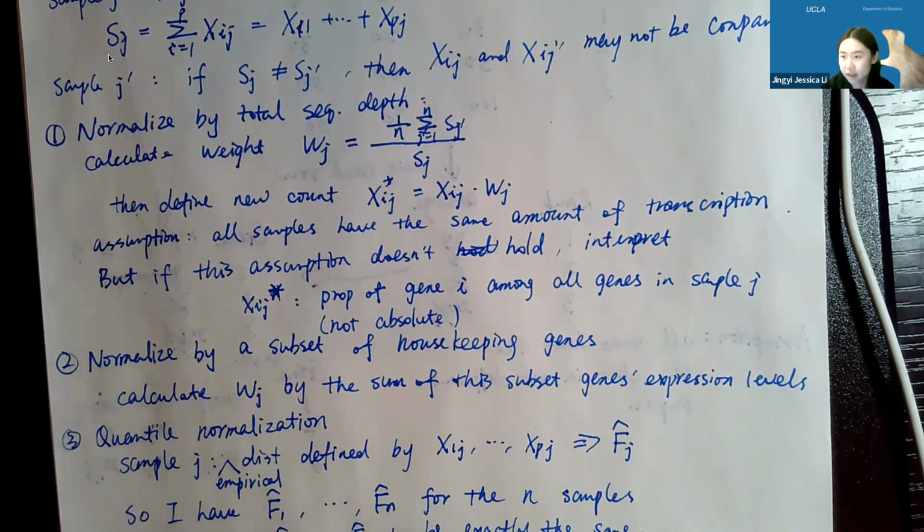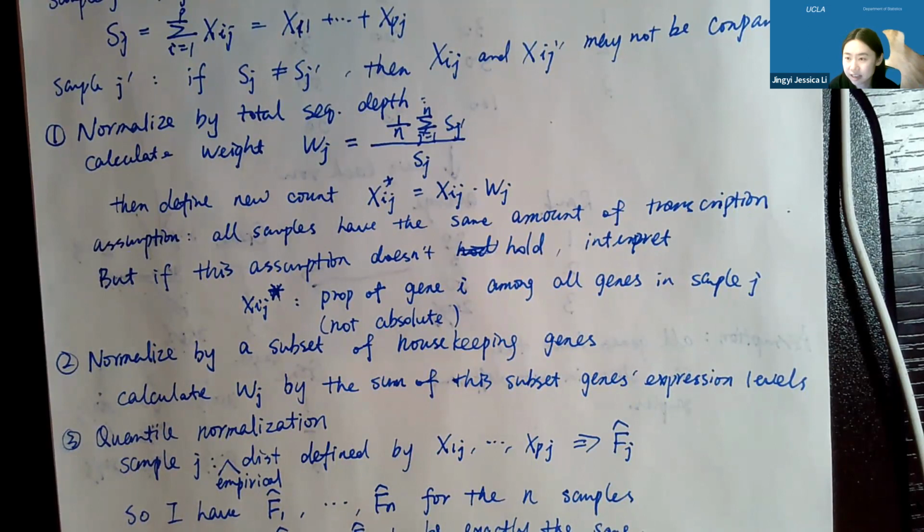So you will get one histogram per sample, and you want to make sure that the histogram looks the same for all samples. That's the result we get from quantile normalization. So what is the assumption here? The assumption is that we try to make sure that every sample has the same distribution across all genes. Does that make sense to you?